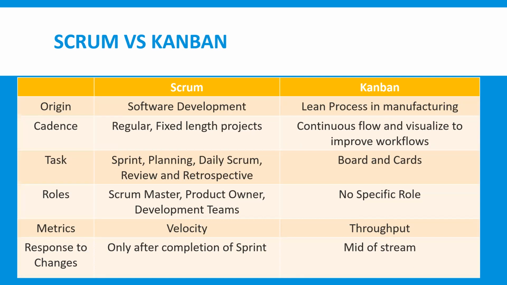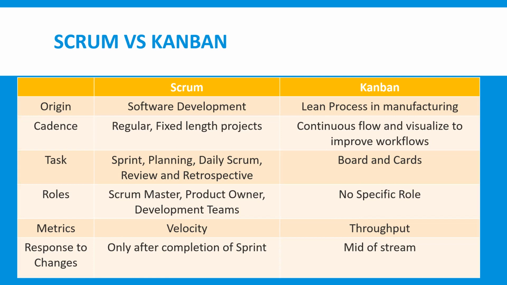Let's see the differences between Scrum and Kanban. The origin: Scrum came from software development, but Kanban, which we have seen in software only a few years back, because nowadays in software applications wherever development is happening we also see Kanban, came from the manufacturing industry, where lean processes were followed to minimize wastage.